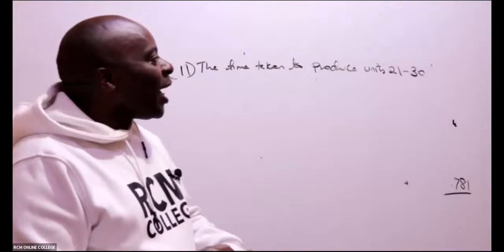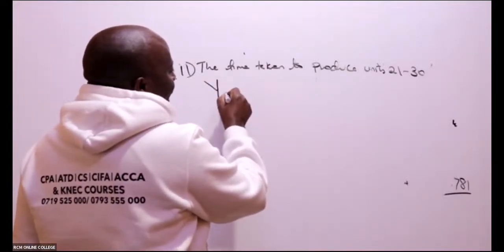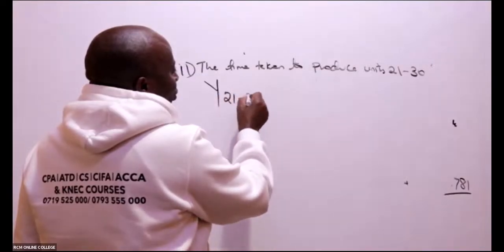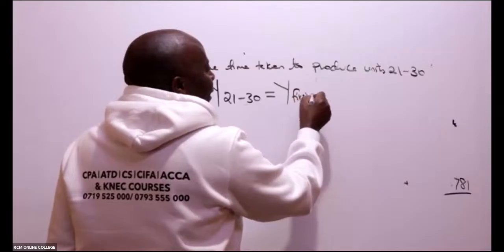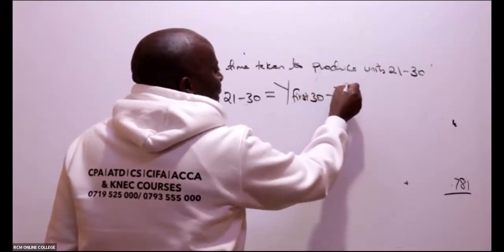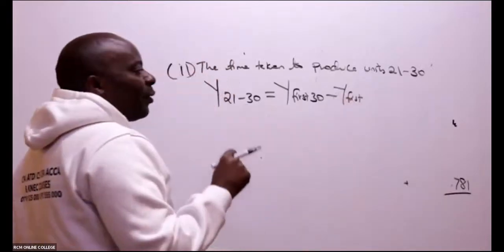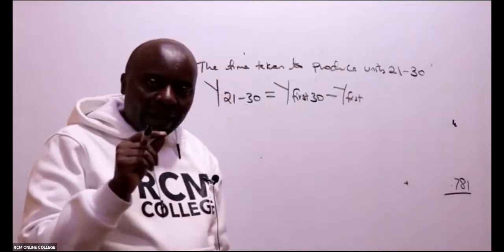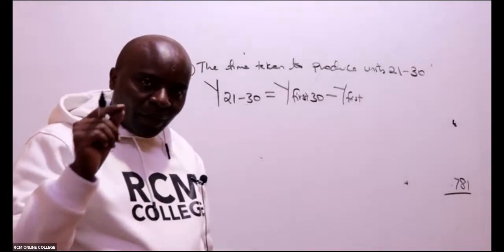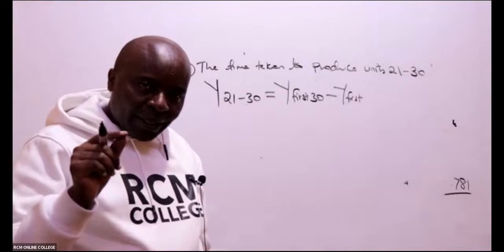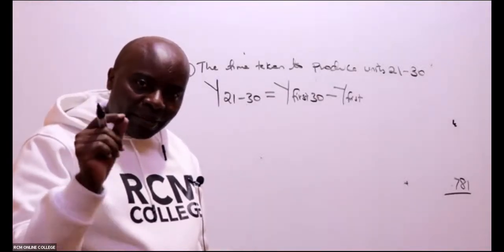So in this case, when we talk of Y, this needs expansion. Y for 21 to 30, I must expand this. It will be Y first 30 minus Y first something. Because when I say Y first 30, I'm looking at 1, 2, 3 up to 30. But they don't want all of them. There are some units that are being cut out.